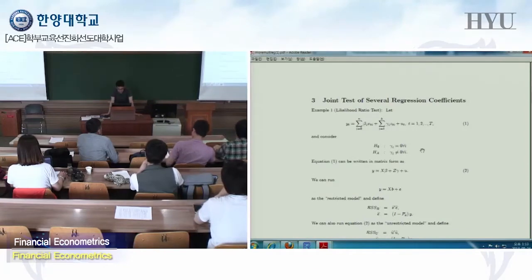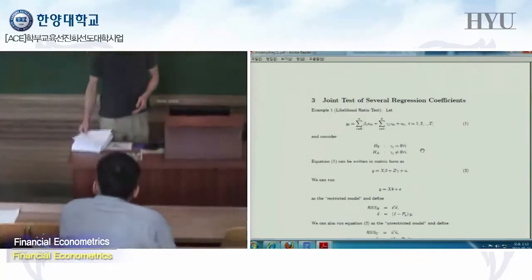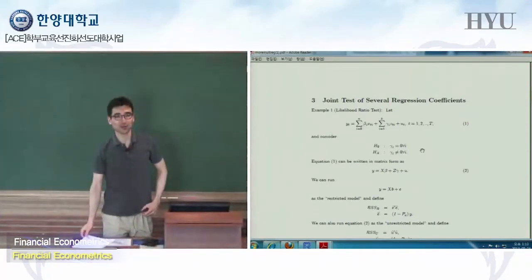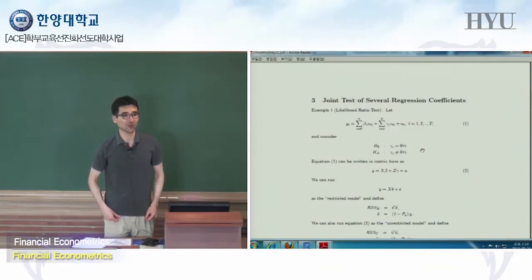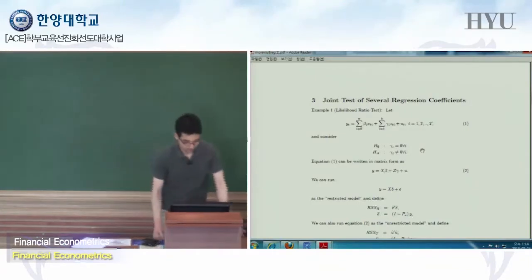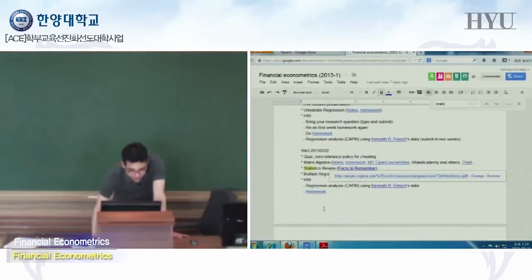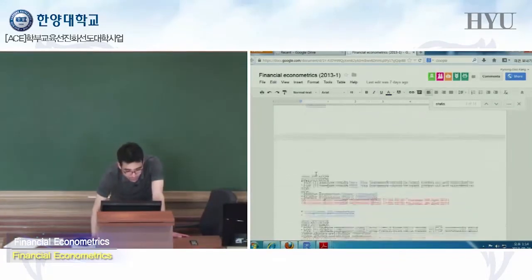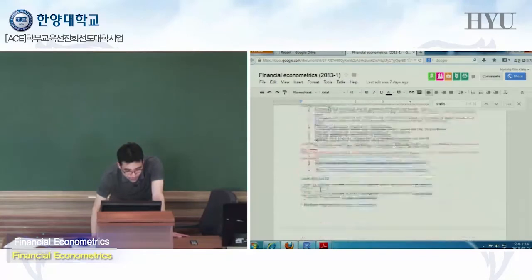First, likelihood ratio test. By the way, I think our homework about the likelihood ratio test and Wald test is due today, no? Is it until next week or today? Let's see. I think no one submitted the homework.